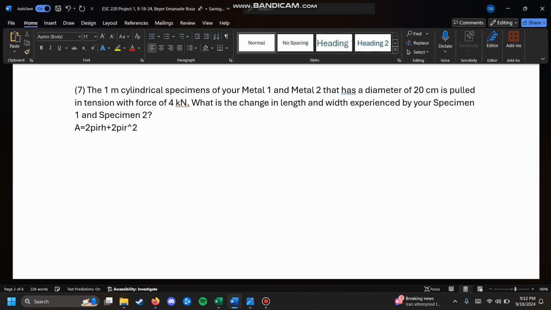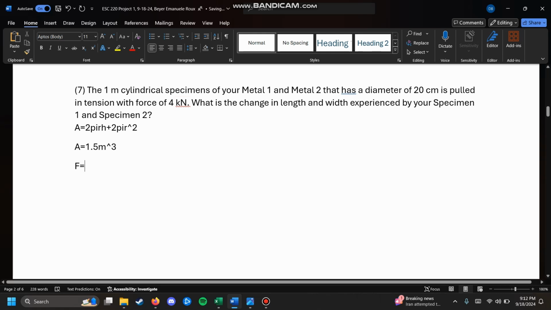So I did all the math for that. We have a radius of 0.2 meters, and the height is 1 meter. So the area comes to be around 1.5 meters squared. And then we have our force, which is 4 kilonewtons, which is just 4,000 newtons, so that we are in good units.